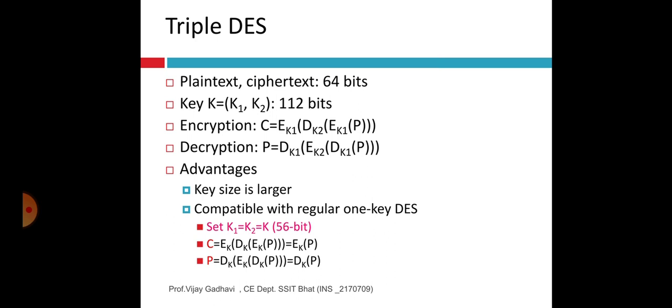The encryption and decryption algorithm is the same as the above topic, but the advantage to remember is that the key size is larger, and it is compatible with regular single-key DES, where K1 = K2 = K. The value of key size is 56 bits.